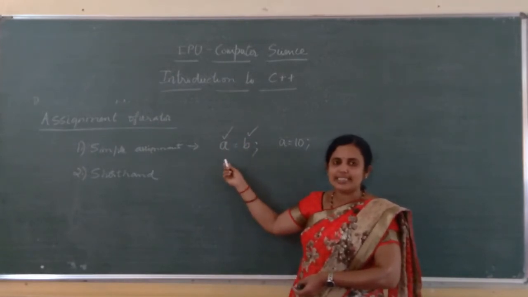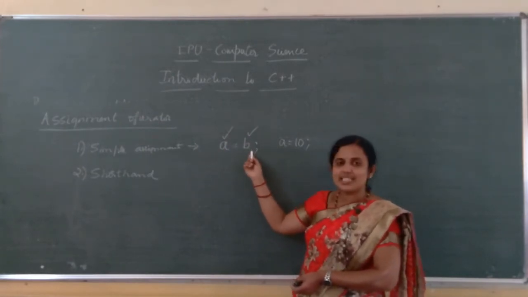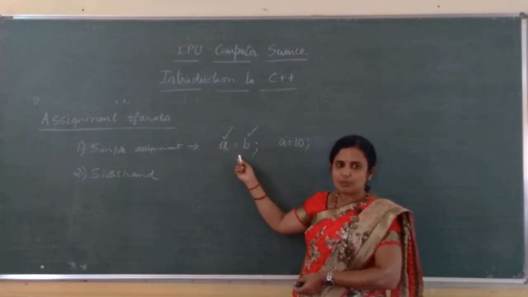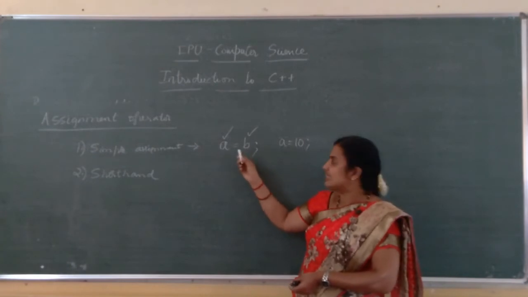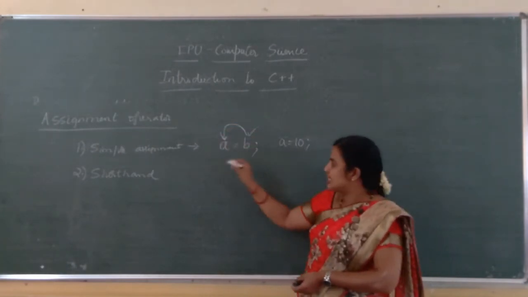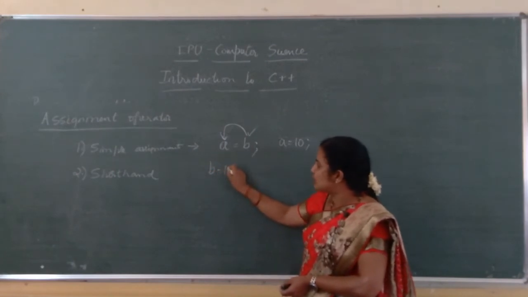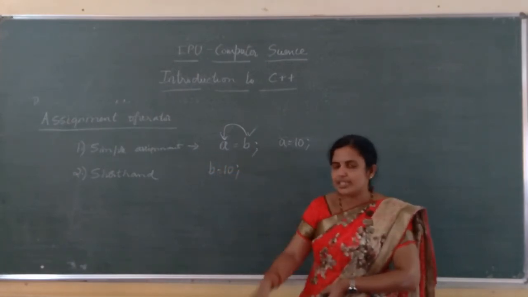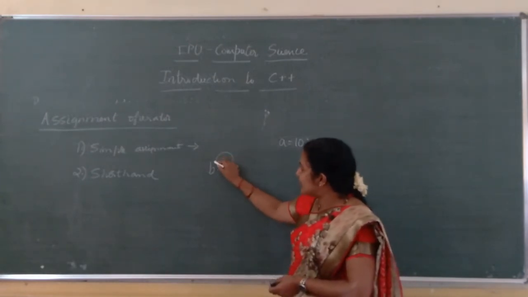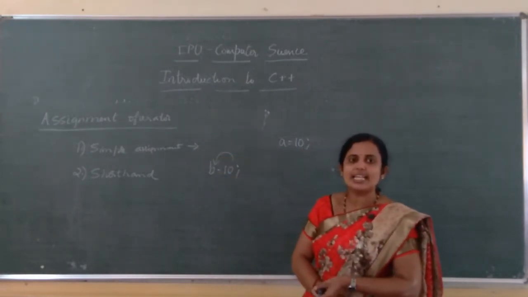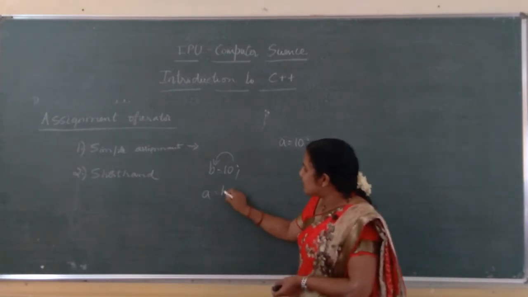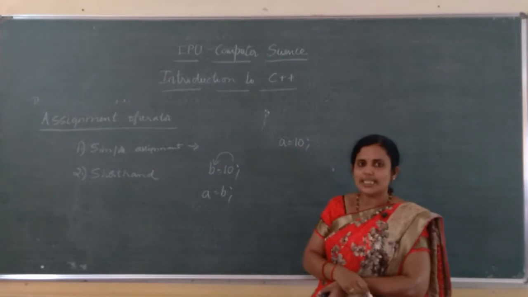Suppose I write A is equal to B, here B is the right operand, its value is assigned to A. Suppose I write B is equal to 10, 10 is assigned to B. Now suppose I write A is equal to B, what does it do?